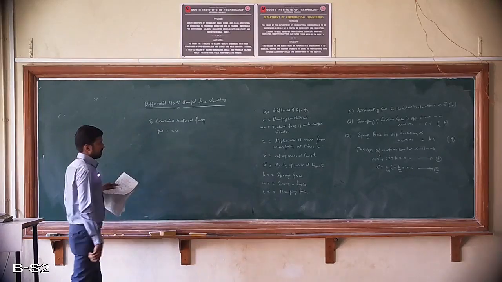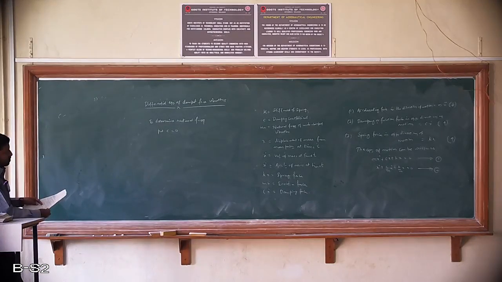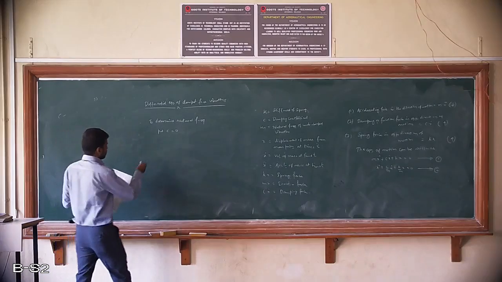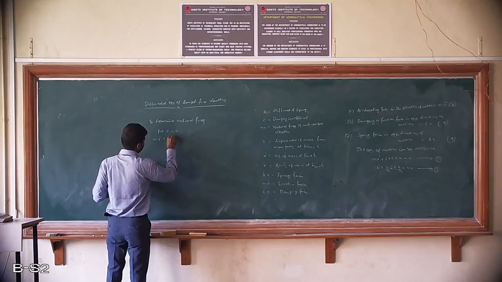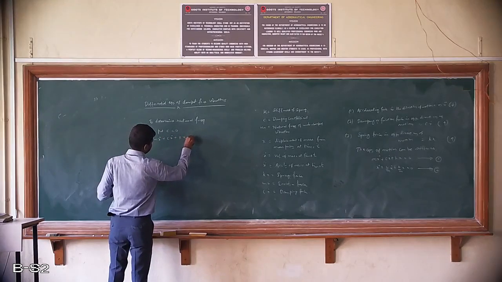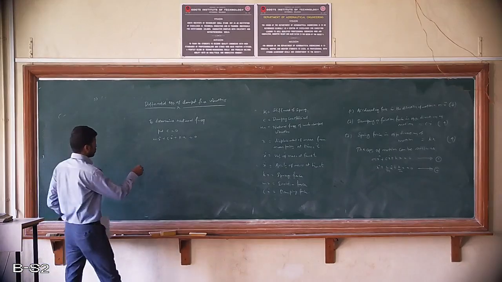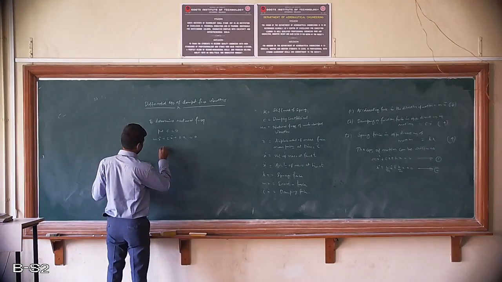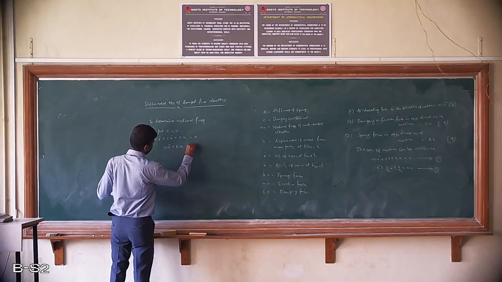Then what will happen in the equation number 1? The equation is mx double dot plus cx dot plus kx is equal to 0. If I substitute c is equal to 0, then what will be the remaining equation? Mx double dot plus kx is equal to 0.